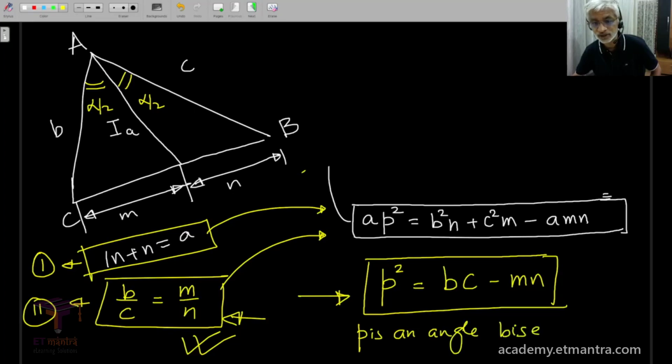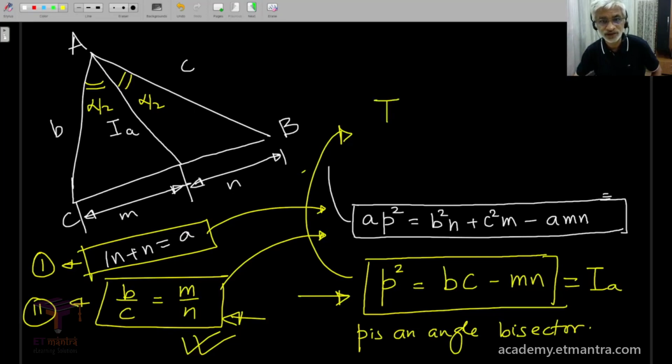Okay, now we should do one more small manipulation here. So there's another formula, let me just say that this P, let's call it equal to I A. There is another formula for the length of the angle bisector which may be useful and which also looks very neat.